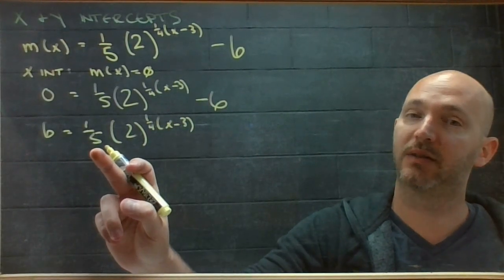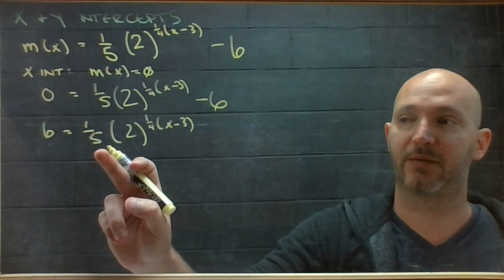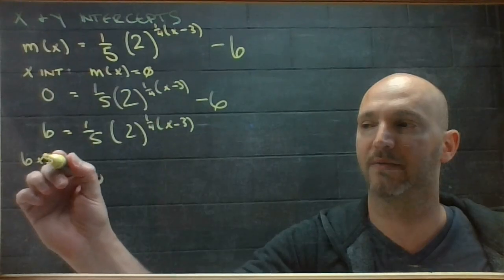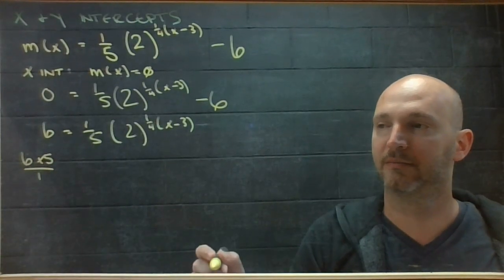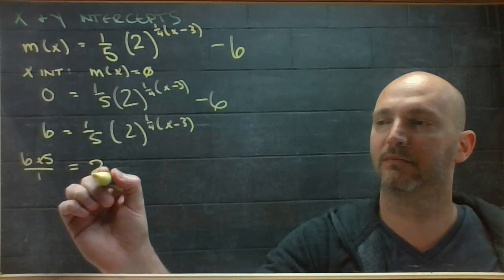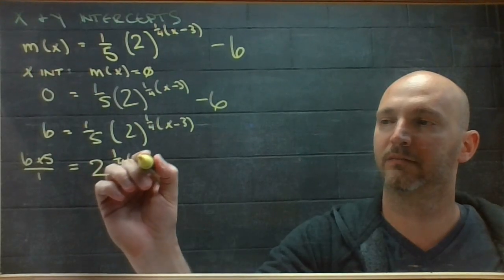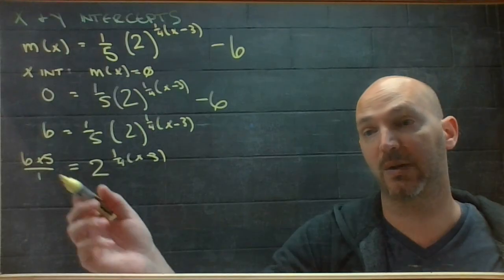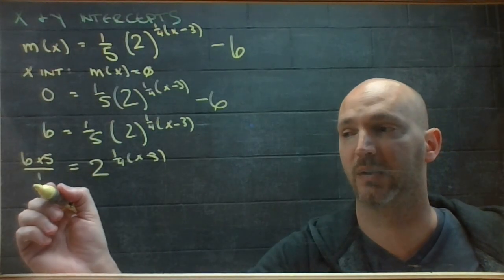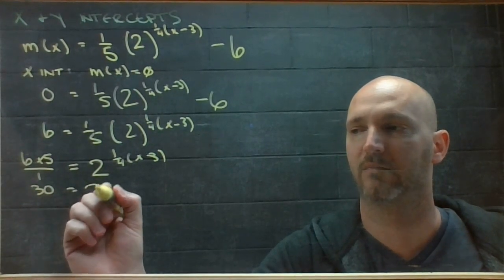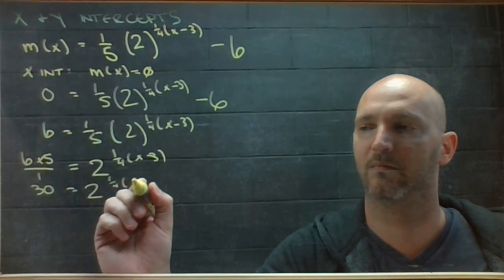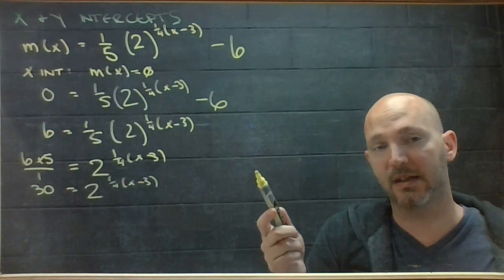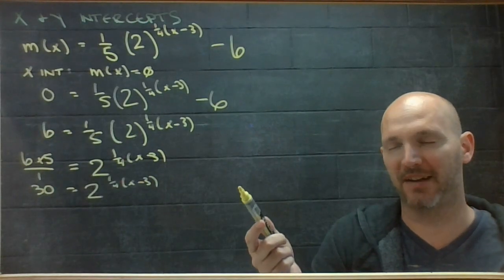This is telling me to multiply by 1, divide by 5. So I can undo that by multiplying by 5 and dividing by 1. 6 times 5 is 30, divided by 1 is 30. Now, this next part you're just going to have to take on faith.